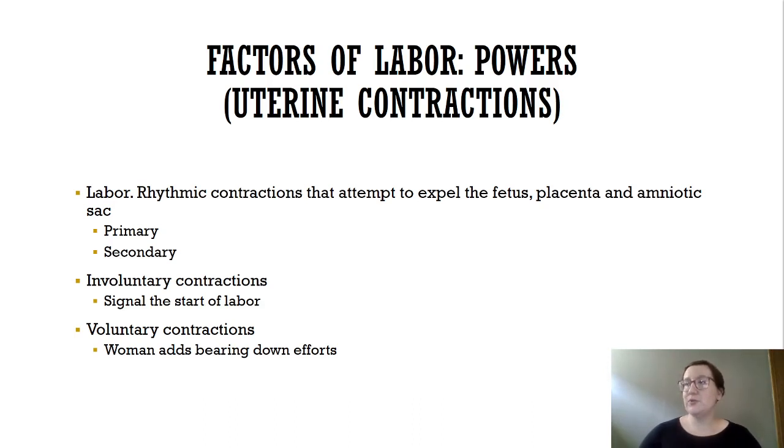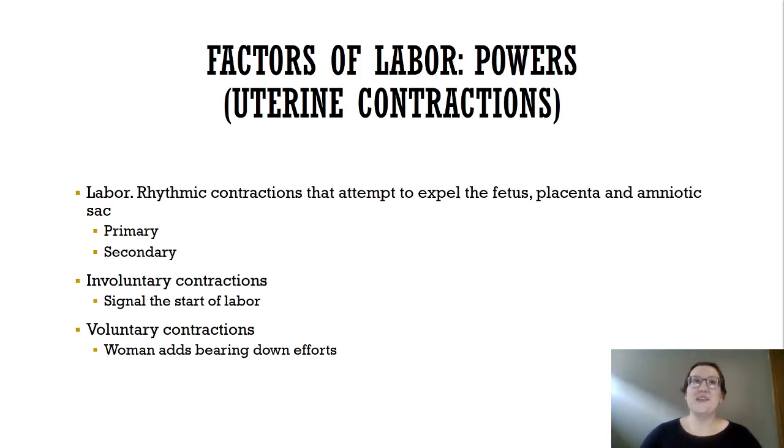During the contraction, the upper portion of that uterus, as I mentioned, becomes shorter and thicker. The top part of the uterus is called the fundus. Remember that? I think you've heard that term before.